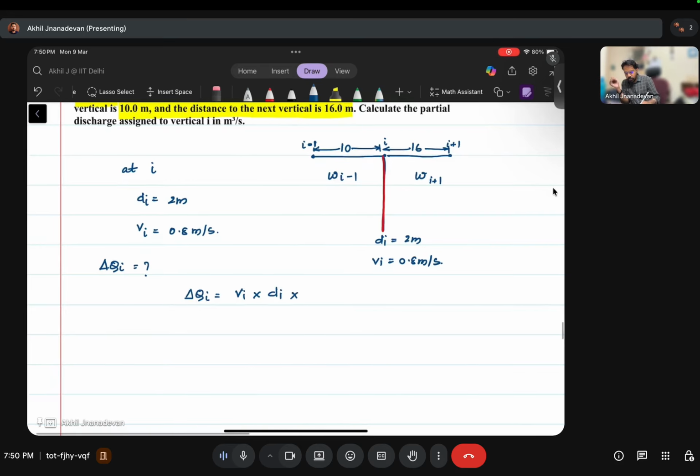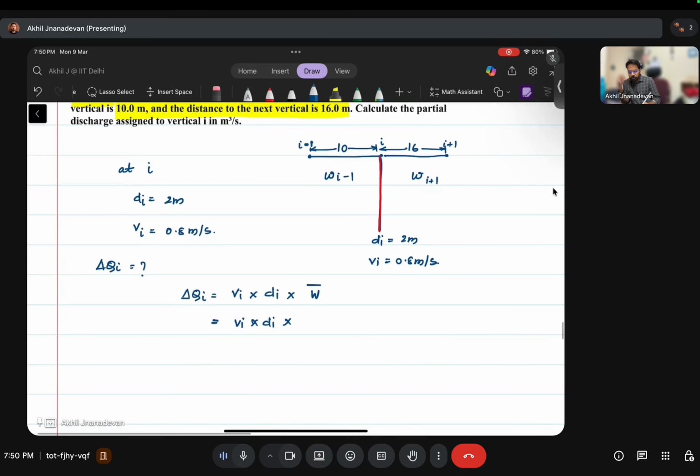into Di, that is the depth, into the average width at that particular vertical. So here Vi into Di into Wi we can write. The width on the left is 10 meter, on the right it is 16 meters. The average width would be 10 plus 16 by 2, right?